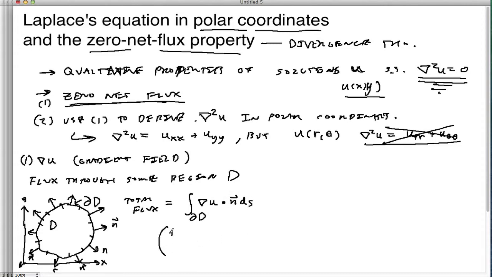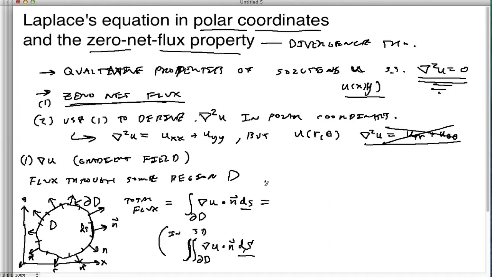So recall in 3D, this same integral would be a double integral over partial D. It's the same notation, but instead of a little length segment ds, it'll be a little surface area patch over a three-dimensional volume. So it's the same exact analysis.